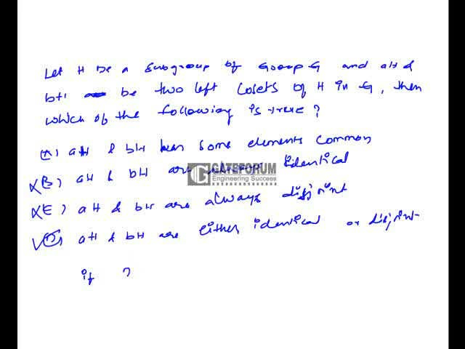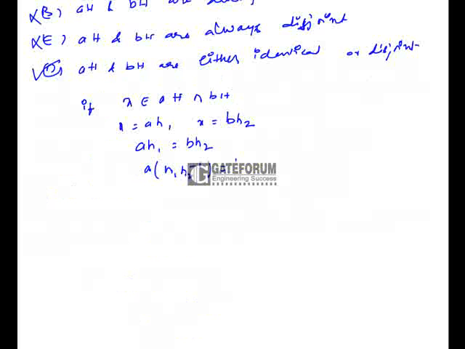That means X belongs to AH intersection BH. X is equal to AH1. Let us suppose X is equal to BH2. So AH1 must be equal to BH2. From this we can write A into H1 H2 inverse is equal to B. Why? Because as they are groups, inverse exists.